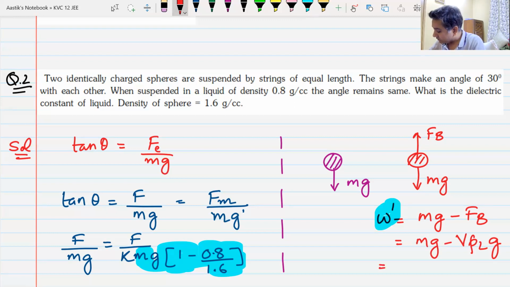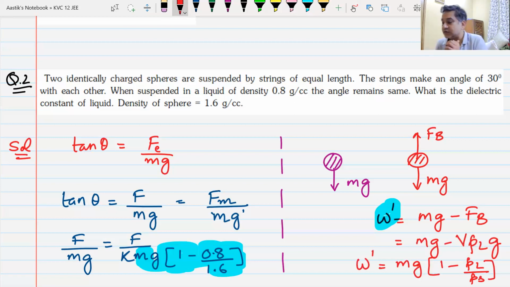So I can take m into g common, and I can write it as 1 minus density of liquid divided by the density of solid. So you can remember this as your shortcut. I've just taken the density of the solid outside the bracket and divided inside. So that is what you need to do.